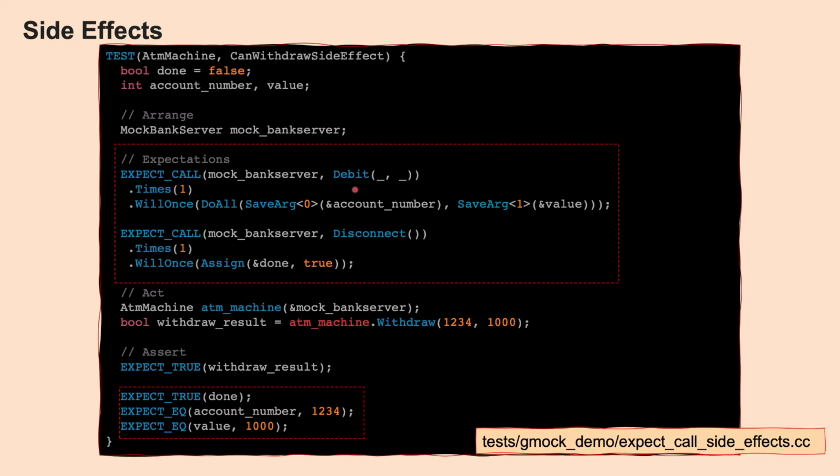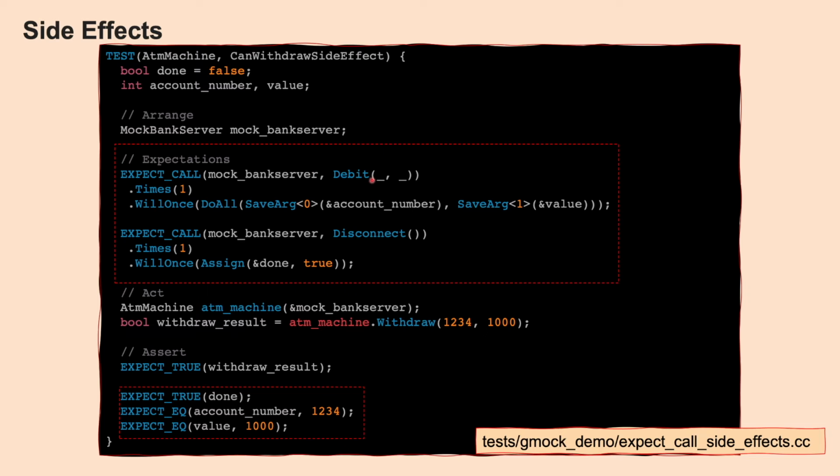In this example, I have two variables that are not initialized, account number and value. And here I'm saying once debit was called with any parameters, take the first parameter, argument 0, and store it in account number. And take the second parameter, argument 1, and save it inside the value variable. And do all just means do both of these two actions.